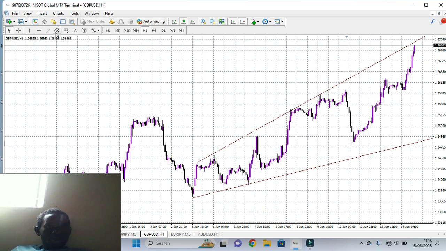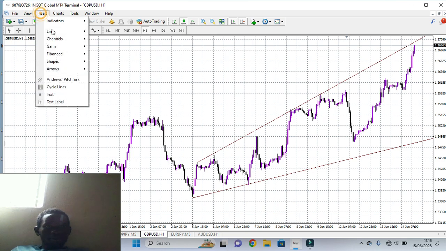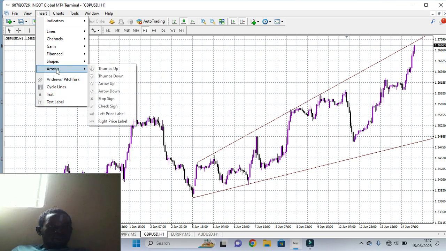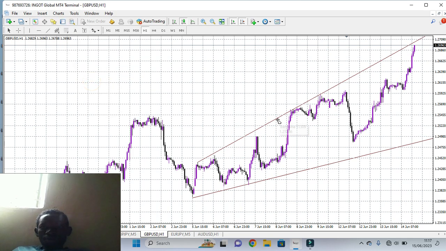Another thing, when it crosses just below, then you have a pullback. For example, let me show you something. Let me use the arrow here.